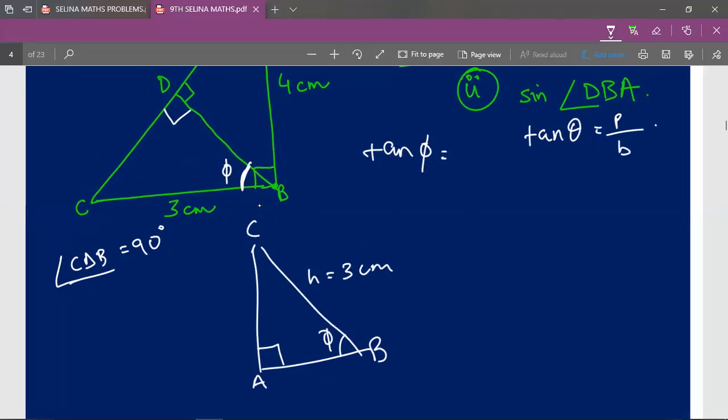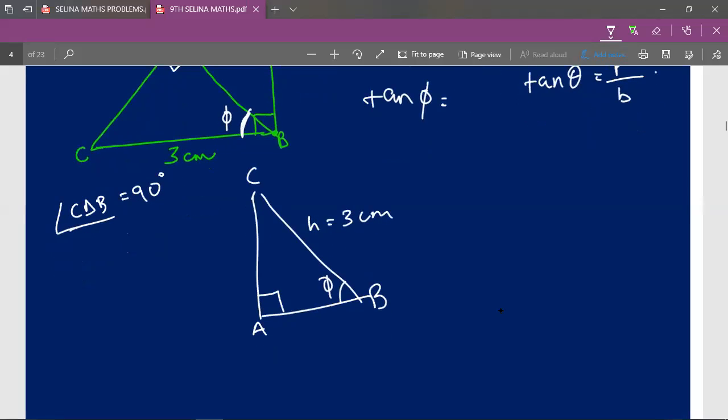The next step is that we have to find tan phi. With respect to angle phi, and make sure that it is towards the ground, tell us perpendicular upon base. The base and the perpendicular are not given to us, so we'll assume one of them as x.